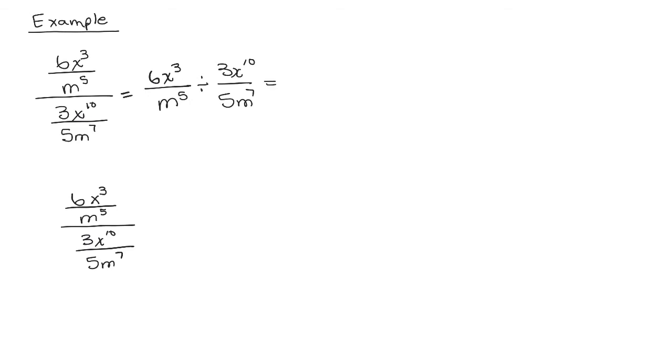And since we're dividing by a fraction, that's the same thing as multiplying by the reciprocal. So we have 6x cubed over m to the 5th times 5m to the 7th over 3x to the 10th.